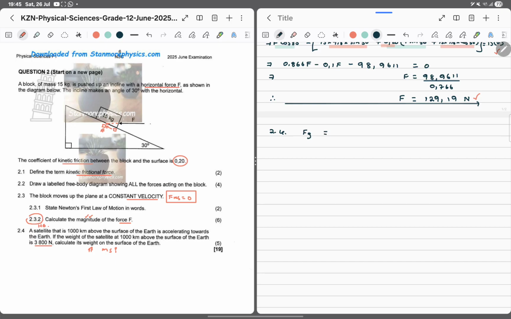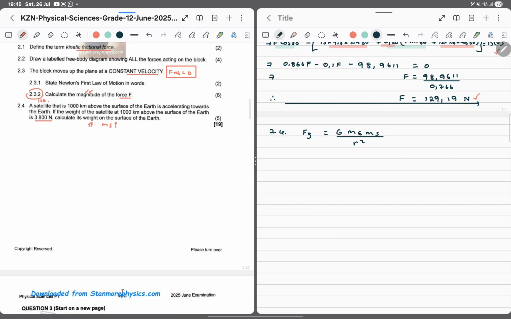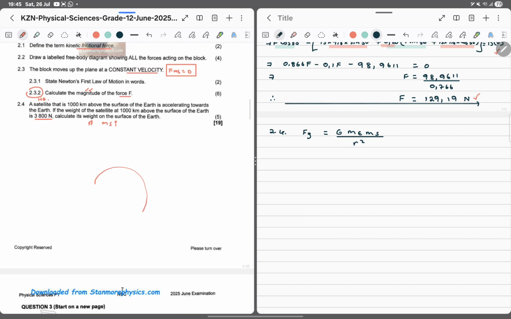So this is Fg equals G, m of the Earth, m of the satellite, divided by r squared. Now if we just draw a schematic diagram here, this is the Earth with its center, radius.